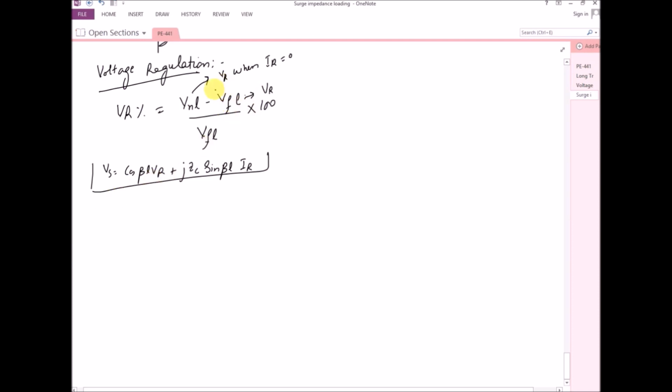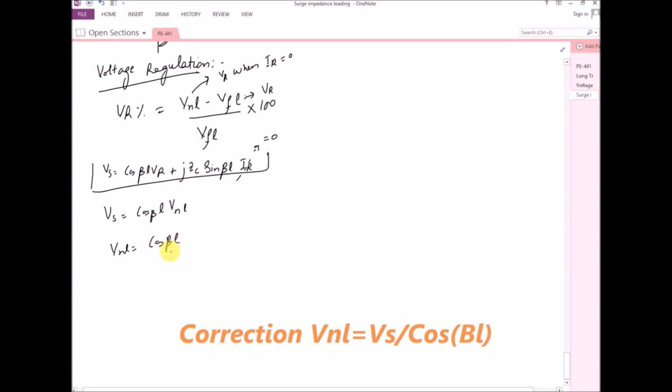So if I have to find V no load, I have to take IR equal to 0, and then Vs is equal to cos βL V no load. So I have replaced VR with V no load, because IR is equal to 0. So V no load is equal to Vs over cos βL.